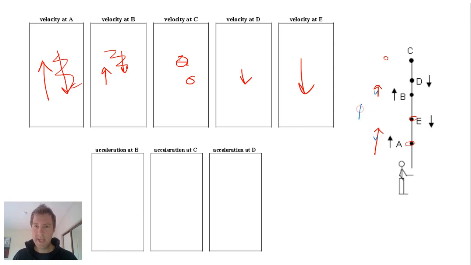So my acceleration can't be this way, they've said, because that would mean that this one here is getting bigger, and it doesn't, it gets smaller. So that's wrong. So they've said the acceleration between them must be this way. And so they said at point B, the acceleration is doing that. They said at point C, because it's not moving, the acceleration is 0. For that instant, it's not moving.